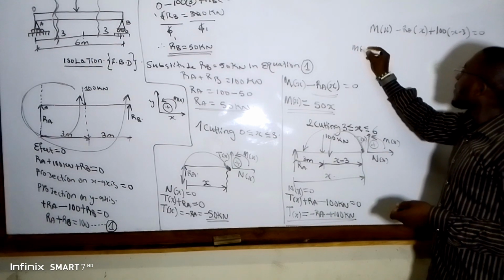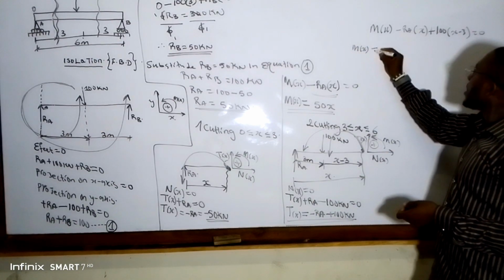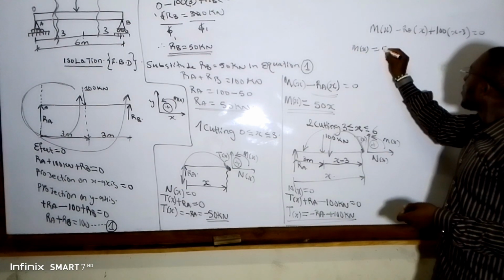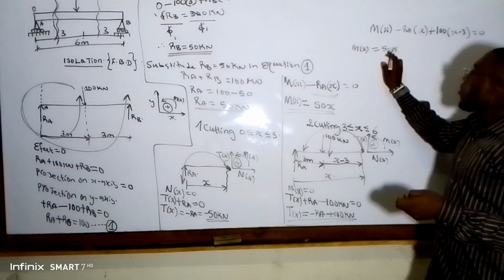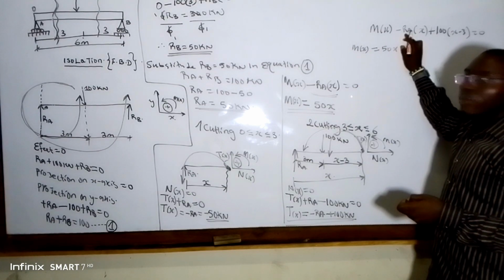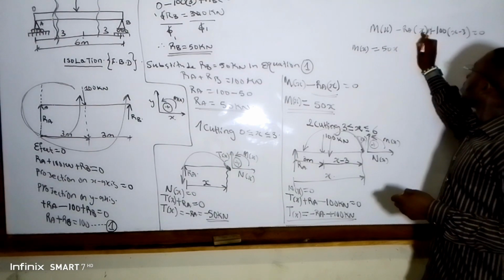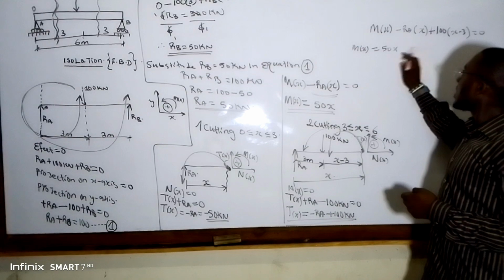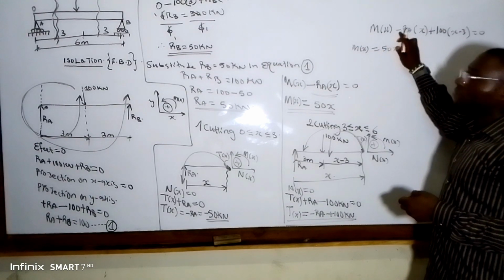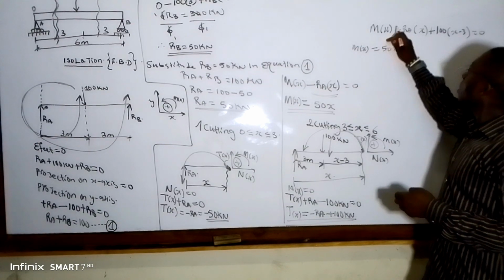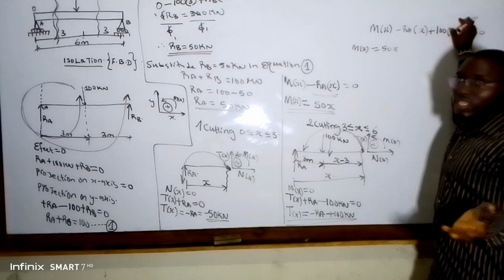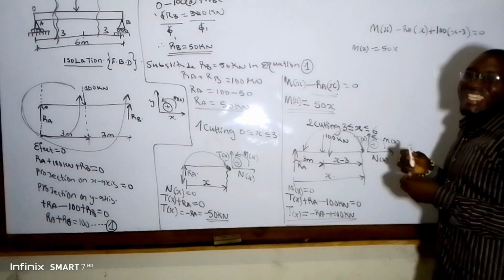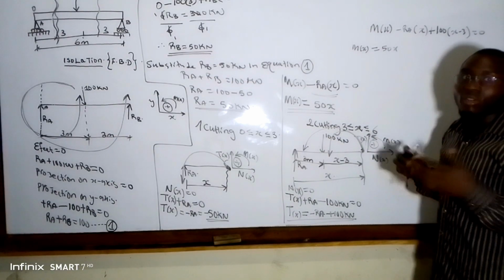So our M of x will be equal to 50x. Guys, the reason why I put 50x is because we calculated our R_A and had 50, multiplied by this perpendicular distance which is x, it gave us 50x. The reason why it has changed from negative to positive is because we want to look for our M of x. So all this value, as we usually say, will cross the equality sign for easy explanation and understanding.